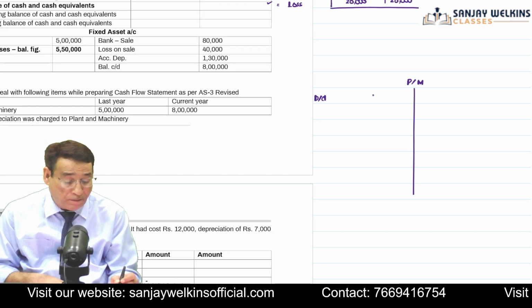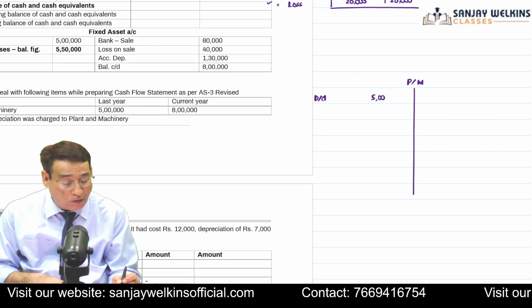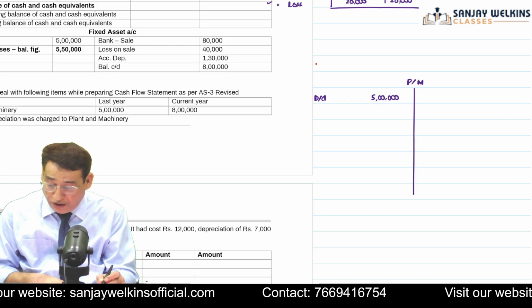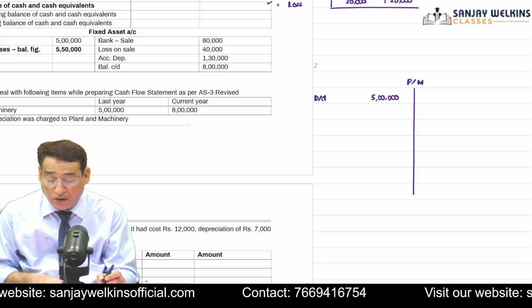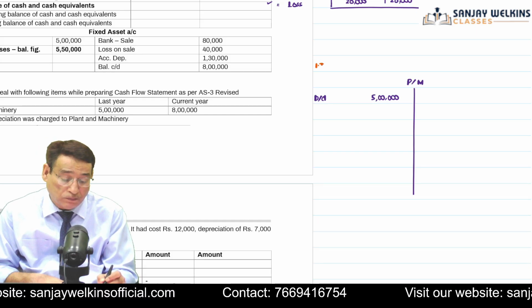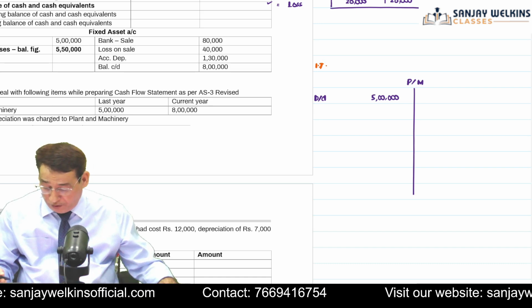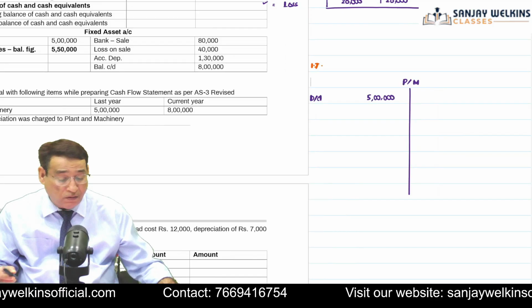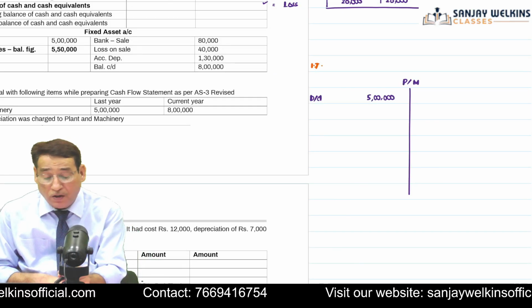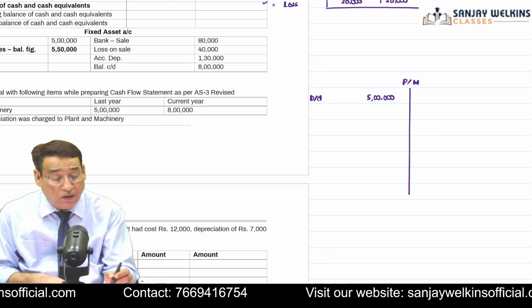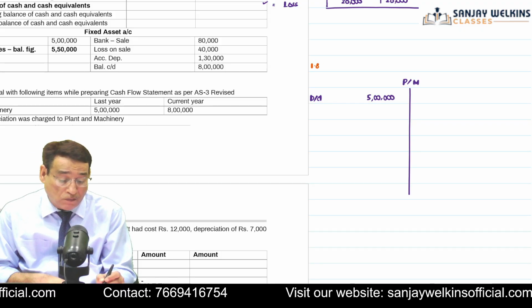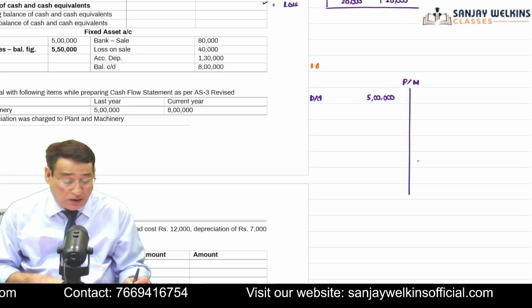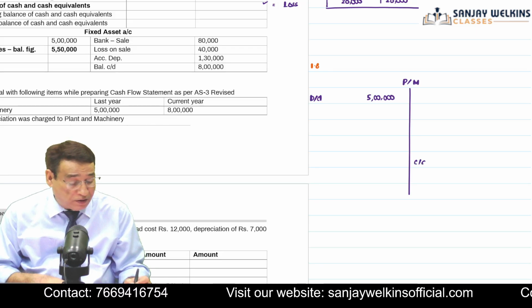This is 1.8, in fact. Then I will write here balance carried down, that is equal to 8 lakh.